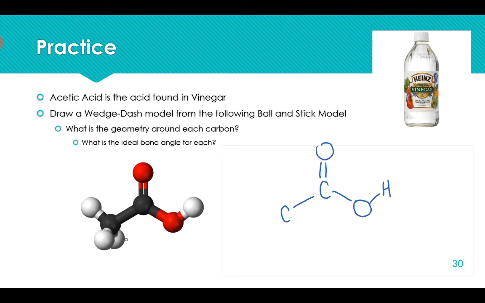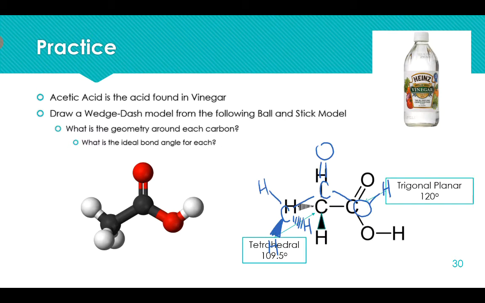This hydrogen looks like it's going behind the plane of the board. So I'll draw a dashed line back. And then that one looks like it's coming out at me. And so that's a wedge dash structure. That's another way of doing it. Let me clean up my drawing.